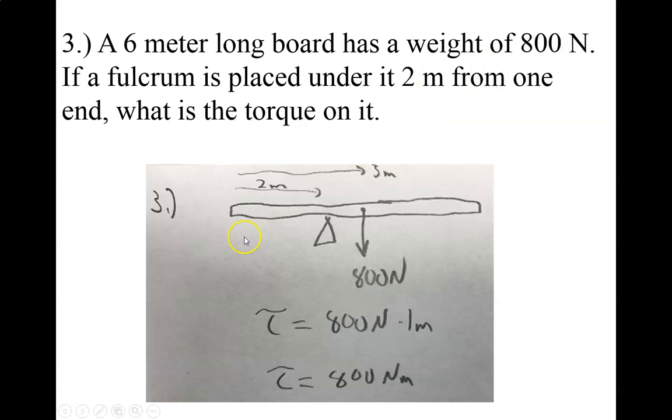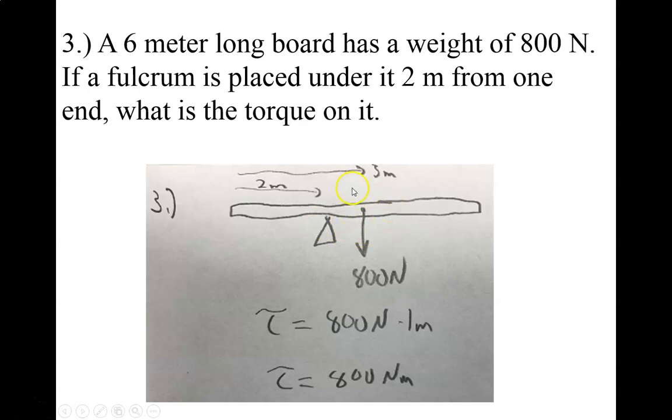So here I've drawn my board, and here I've put the fulcrum 2 meters from one end. The next useful thing that you're going to want to put on this is the center of mass, center of gravity, which we're going to put at the center of the board because it doesn't tell us any differently. On the word problems, we're always going to put the center of mass at the middle of an object.